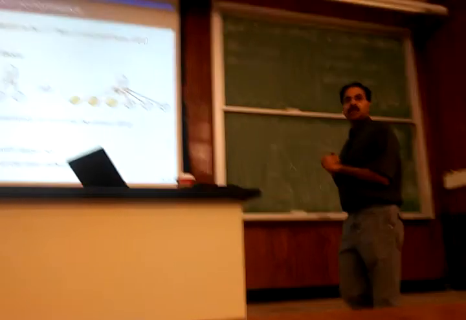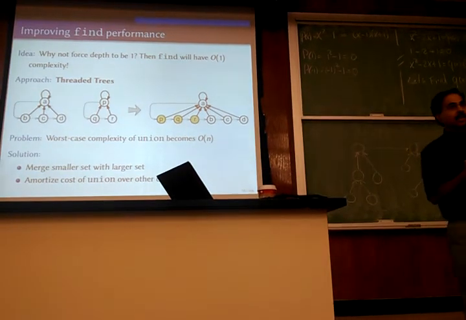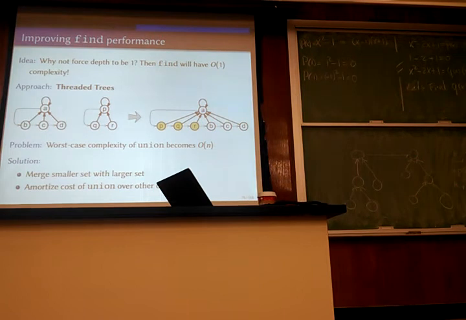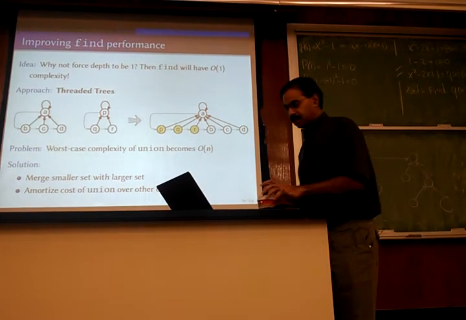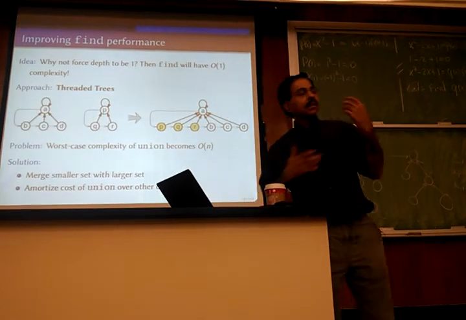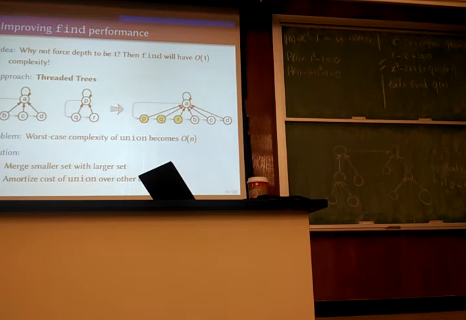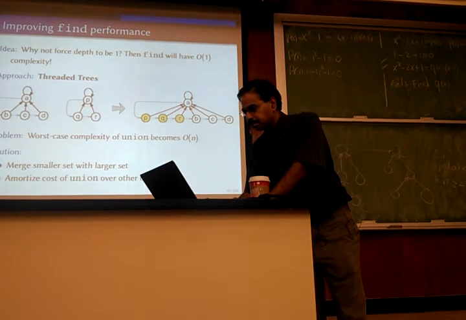So the same element could be in 20 different sets, that's fine, right? Even in those cases, if you do the union intelligently like this, then you can still ensure that the worst case will not occur, and the complexity will in fact be in the range of order n log n rather than order n squared.